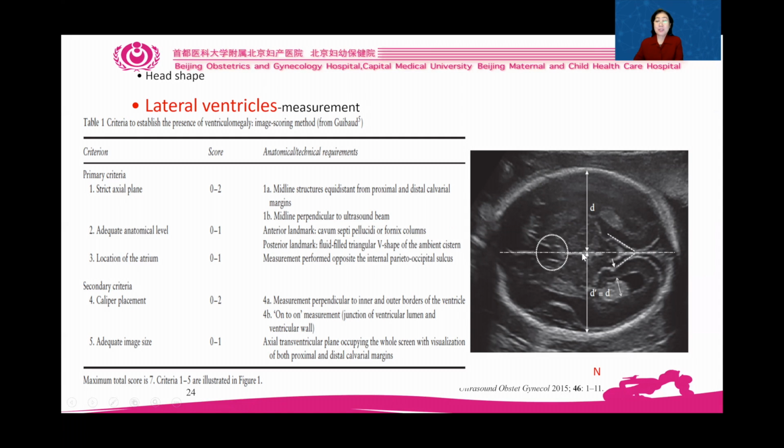And the cavum septi pellucidi or fornix columns here, and a V-shaped fluid-filled triangle here. For measurement, the lateral ventricle should be opposite the internal parieto-occipital sulcus here, and measured on-to-on.